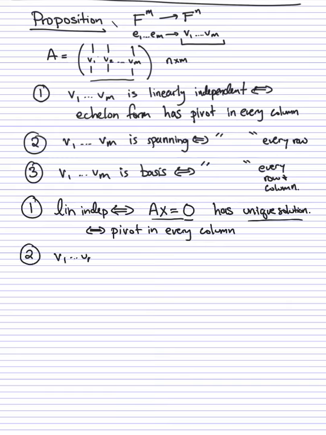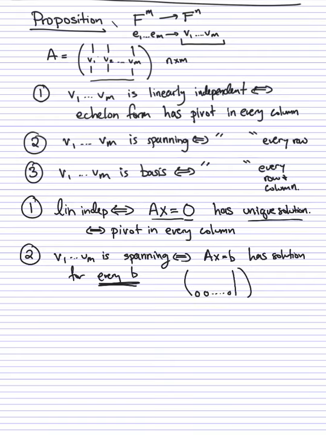For spanning, it's going to be similar. Here v1 through vm is spanning exactly when Ax equaling b has a solution for every b. But notice if you have a reduced form and a row without a pivot, which is a row of zeros, and I put a b here which is not 0, then I won't have a solution.